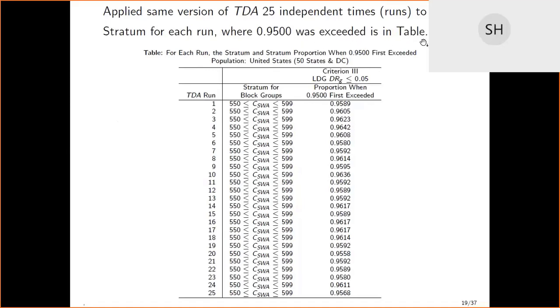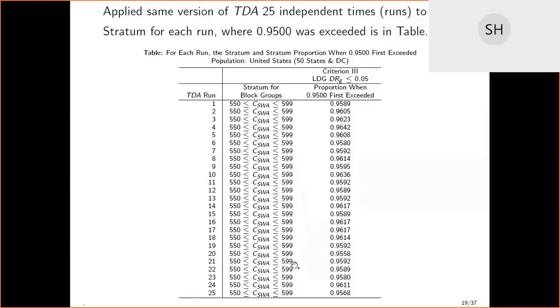So imagine a table like we just went through. From the first run, the 0.95 was first seen with a proportion of 0.9589, and that happened in the stratum with the size of block groups between 550 and 599. The second run, 550 to 599, and the proportion was 0.9605.